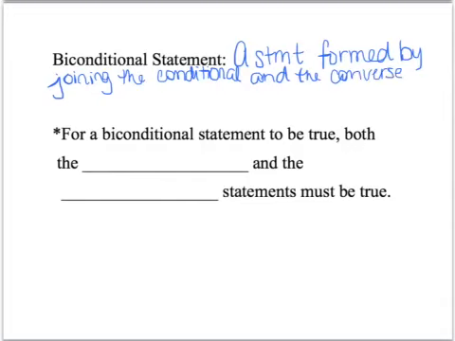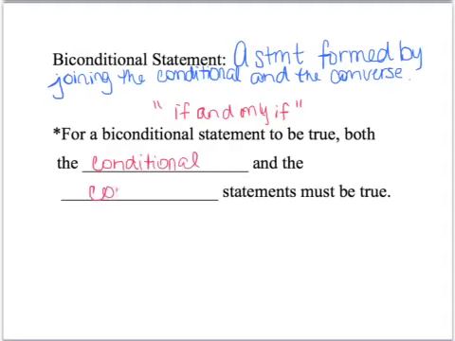So to do this, we drop the if and then parts, and we join the hypothesis with the conclusion by using the phrase if and only if. Now, for a biconditional statement to be true, both the conditional and the converse need to be true.